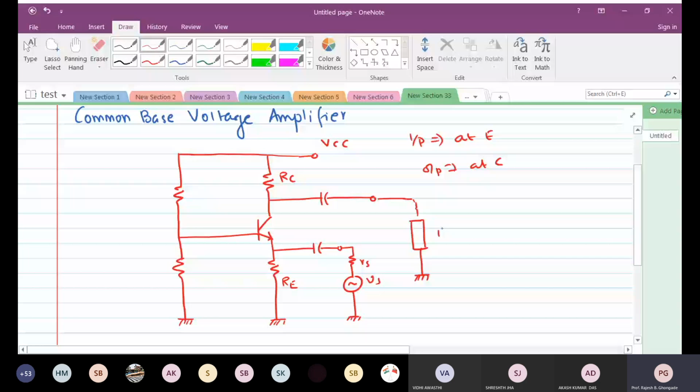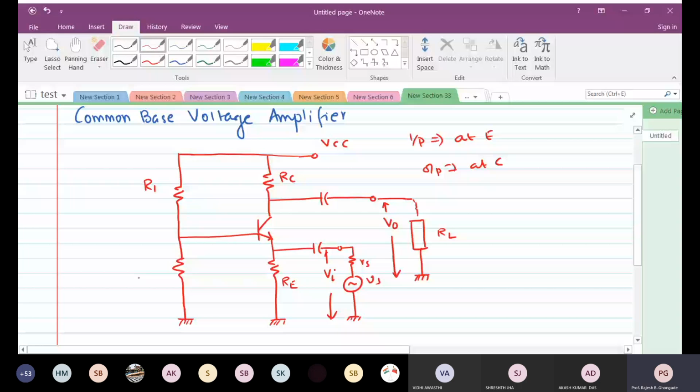This is where you're going to get the output. This is going to be your input. How do we make the base common? This is R1, this is R2. How do we make the base common?